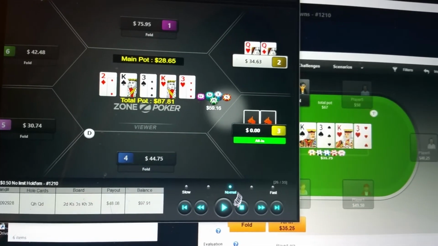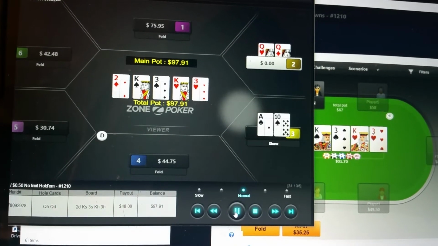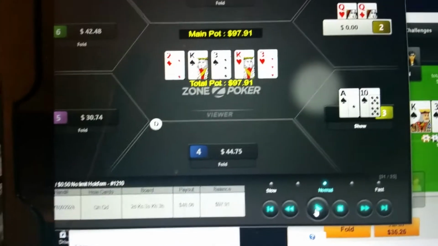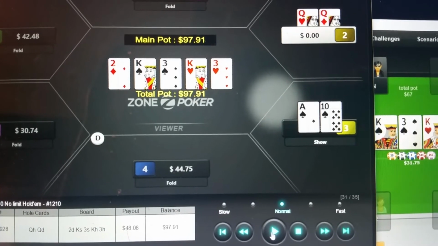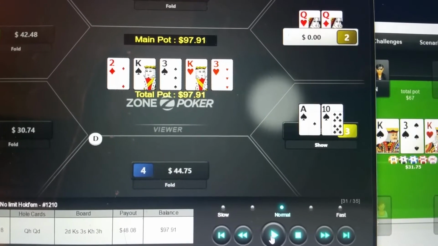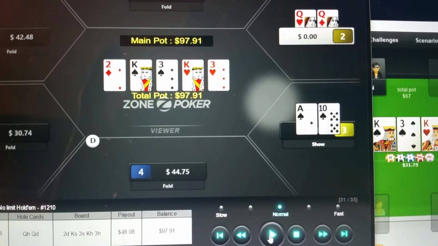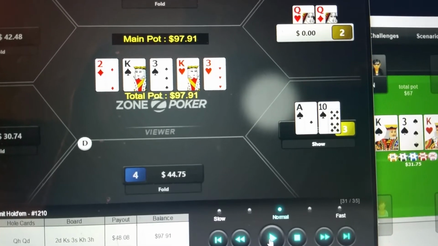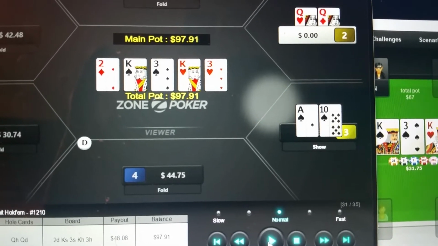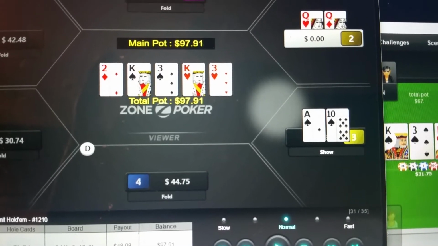I was supposed to fold there, according to Snowy. So that's interesting. By the 3rd street, I guess he was looking at the aces and the 3s, and he jams.